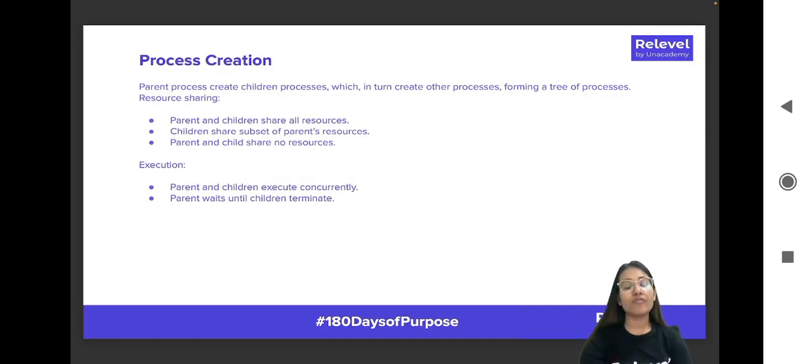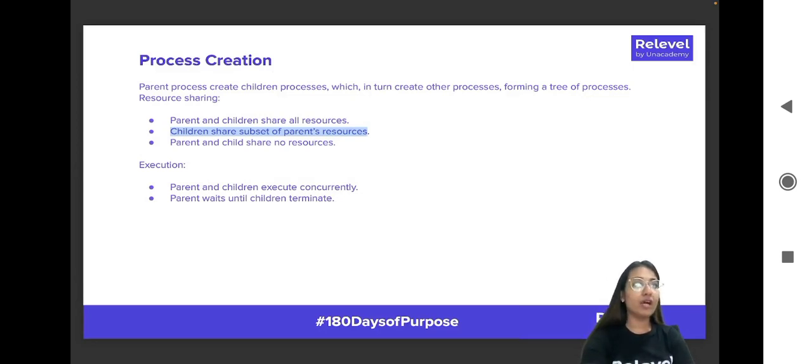If the child is accessing all of the parent's resources, that's a runaway situation where the parent is left with nothing at all. So usually we should create situation number 2, where a child has limited, subset access to the resources originally allocated to the parent. Okay, so that's one thing.